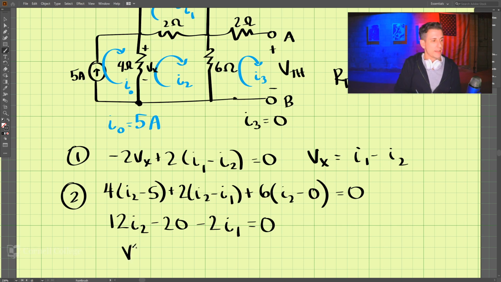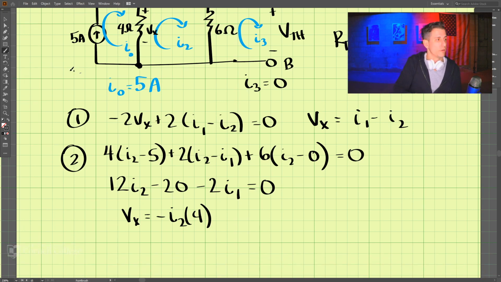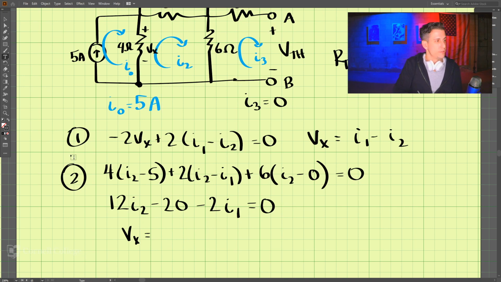And Vx is equal to 4 times 5 minus I2, 4 times this current minus this current.